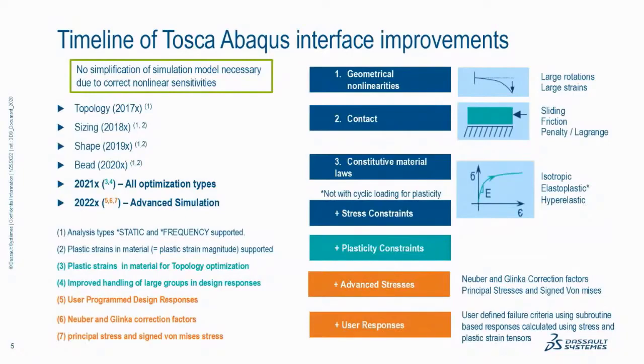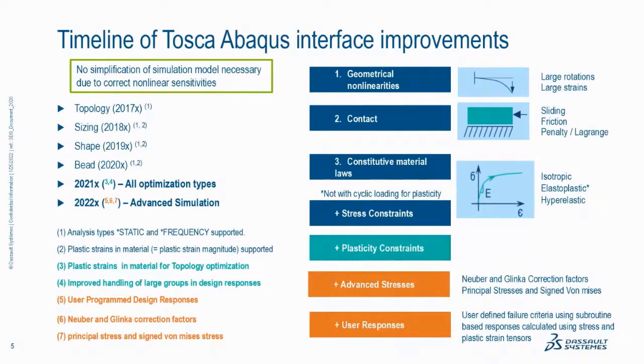So how did we get here? This is a short overview of our evolution. In 2017, we started by supporting topology optimization with Abaqus sensitivities. Then over the next 3 years, we consecutively added support for sizing, shape, and bead optimization. Last year, we included support for plastic strains in topology optimization and an efficient algorithm to evaluate group operators.